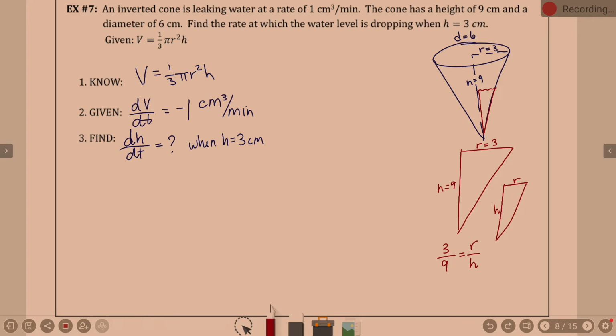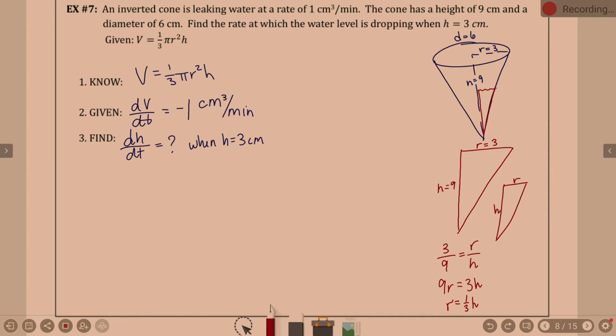Lots of combos. But my cross products are 9R equals 3H. If I want R to disappear, I want to solve this so it's R in terms of H. And so R is 1/3 H. That means every place I see R in my original equation, I can replace it with 1/3 H.